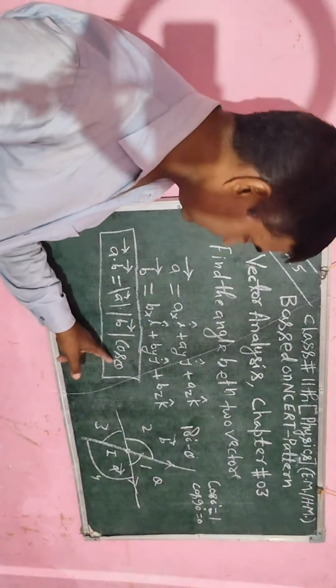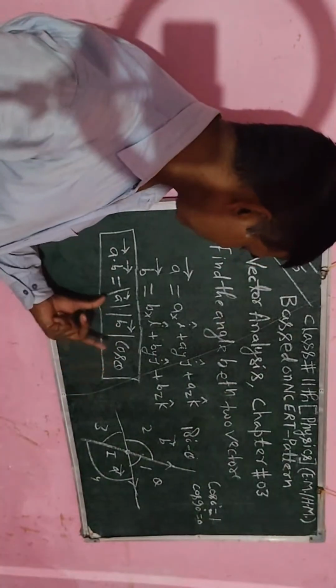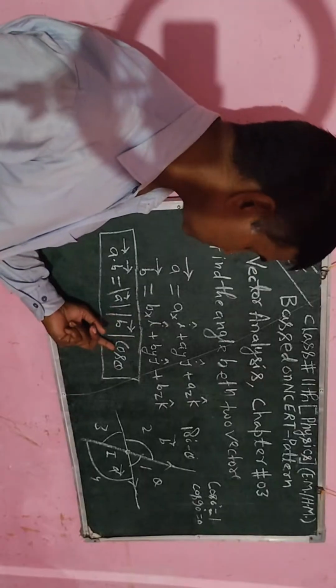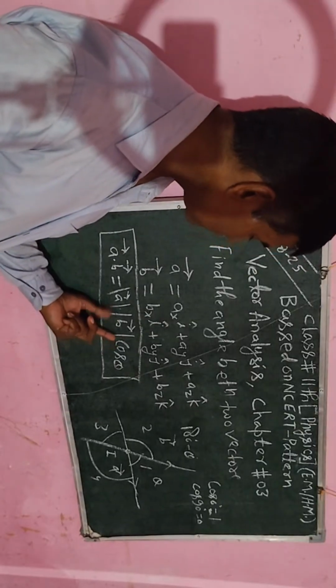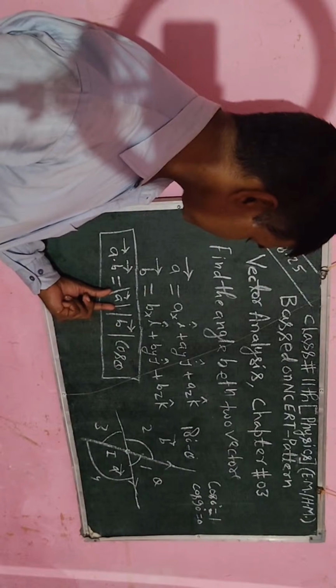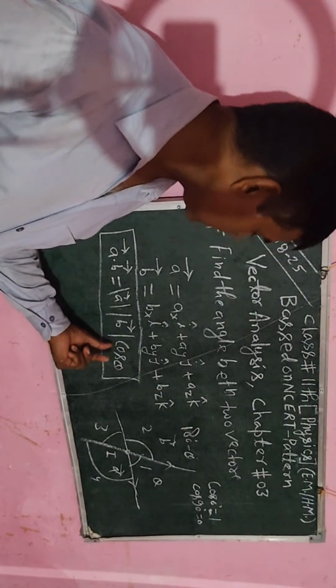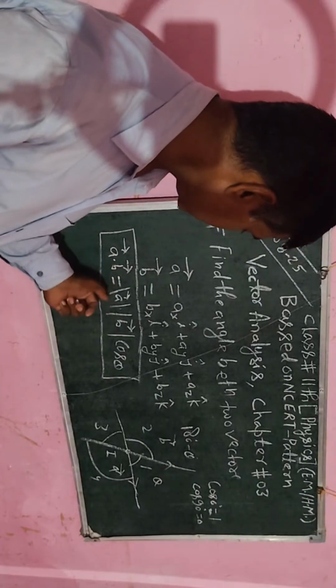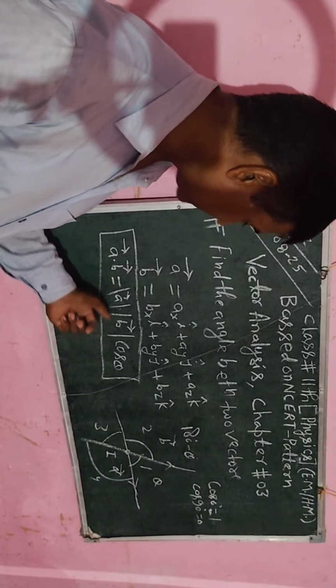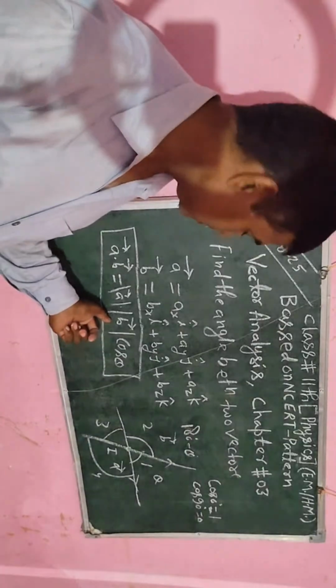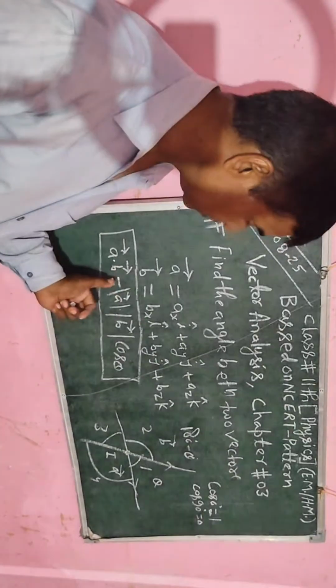If theta is 0 degree, cos theta is 1, so I multiply the magnitude of vector A and the magnitude of vector B into 1. So A dot B is equal to the magnitude of vector A times the magnitude of vector B.